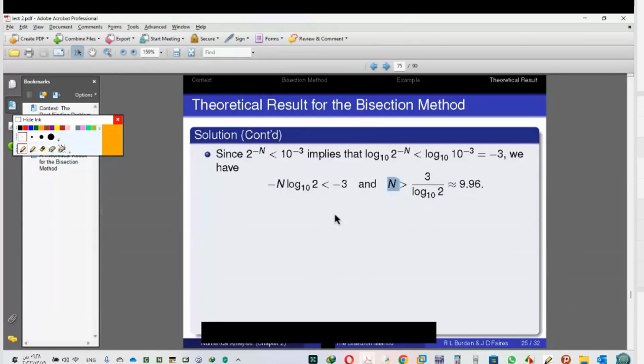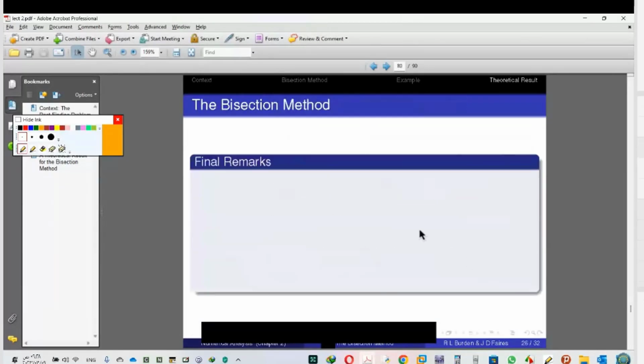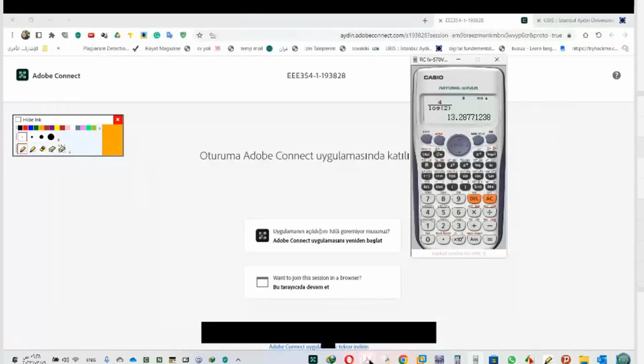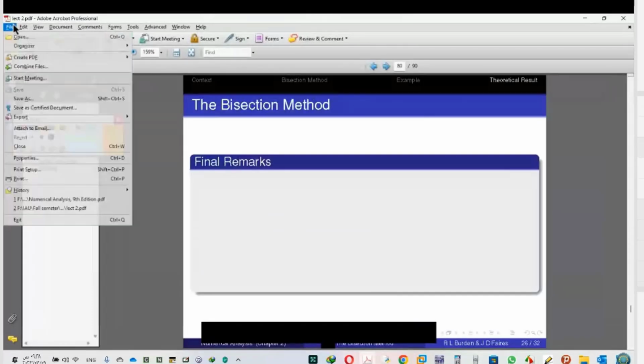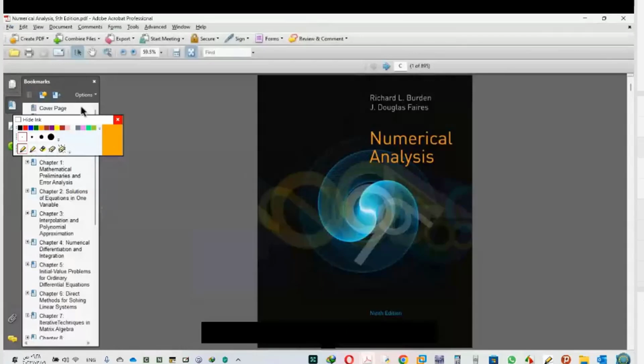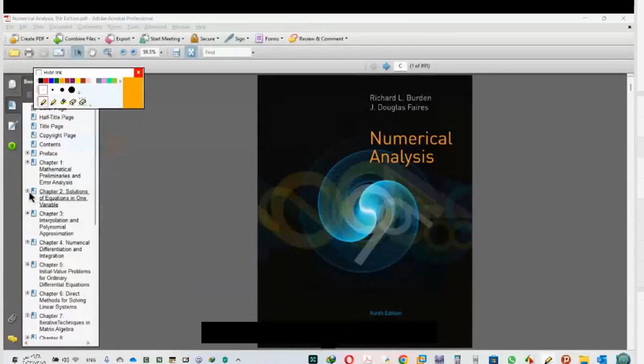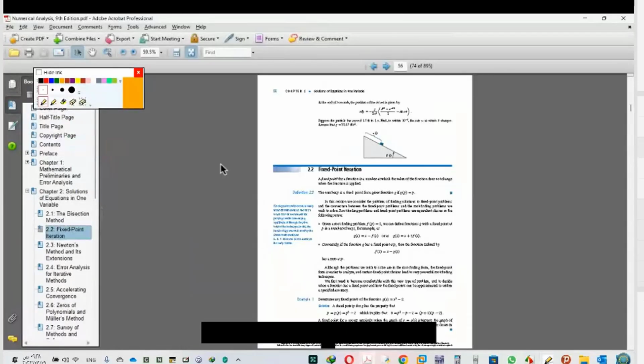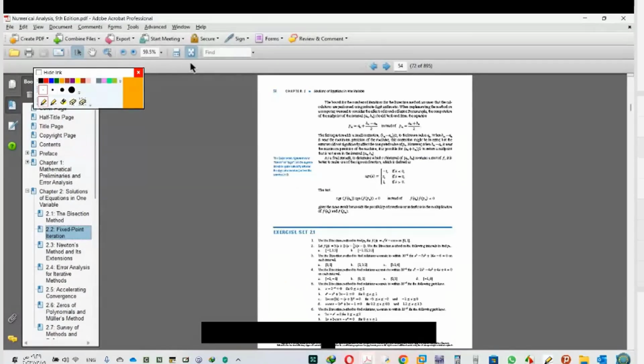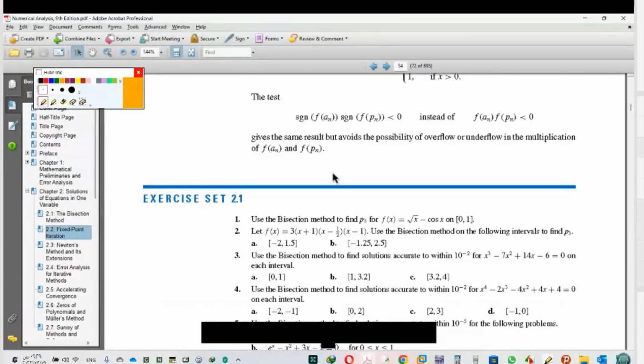Okay, if I open your book, where is your book? Just a minute. Here, this one. If I go to chapter number 2 and return back, let's read your questions.